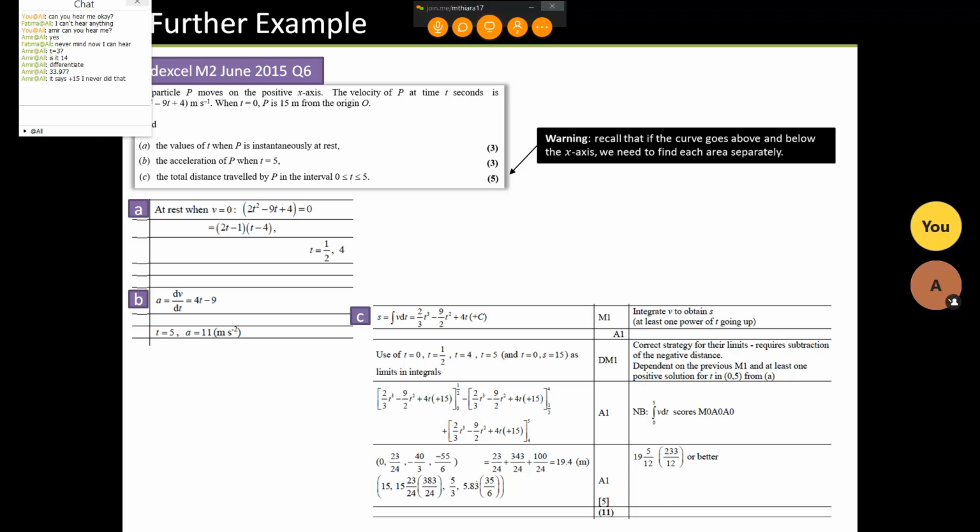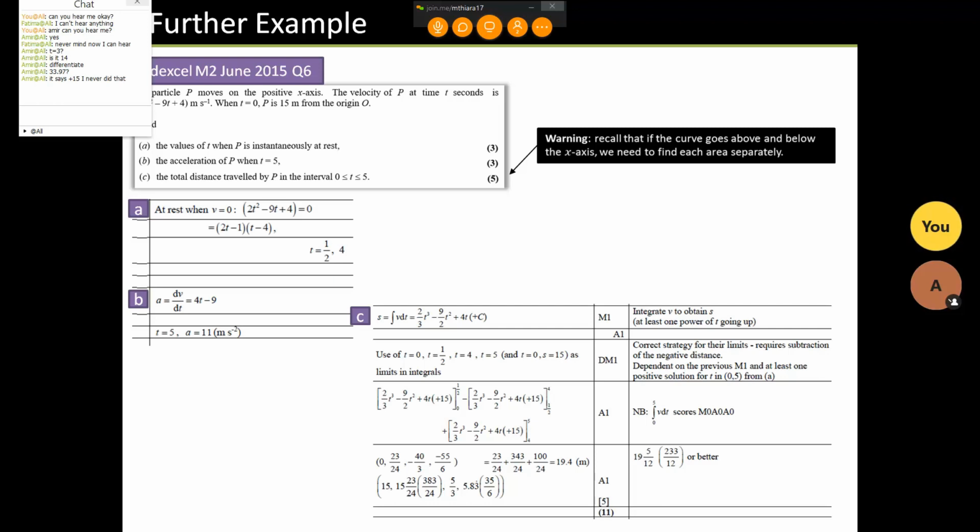Yeah, no, but the plus 15 will cancel out for each bit, because when you substitute in a half, you're going to have plus 15. When you substitute in 0, you're going to have minus 15. So the plus 15 bit's going to cancel out for each one of those. You don't need the constant. So that shouldn't have made any difference.